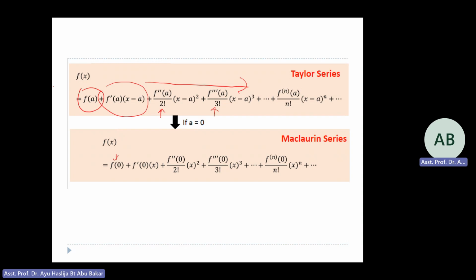Just now, some of your friends at the back got 0.15%. Okay, you guys in front get smaller. There's a smaller percentage for true error, right? So it depends on your decimal point and significant figures. So that is the example of round-off error.